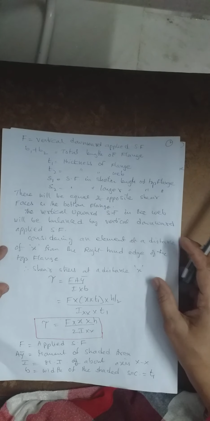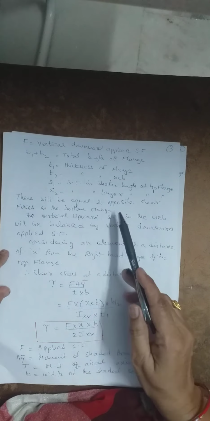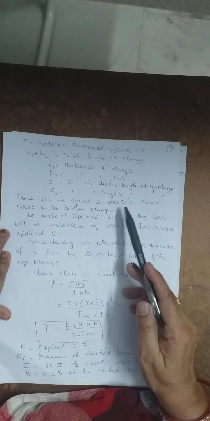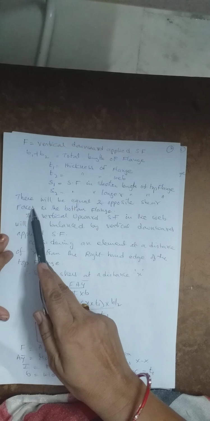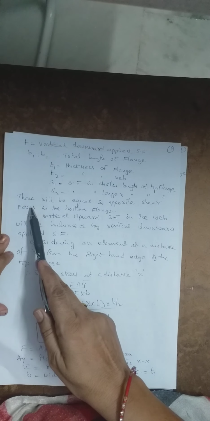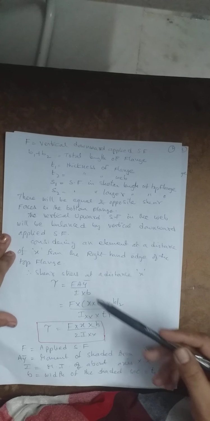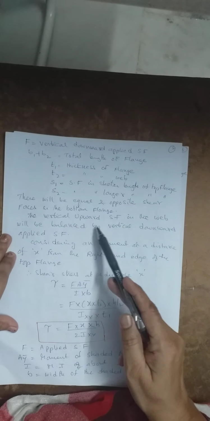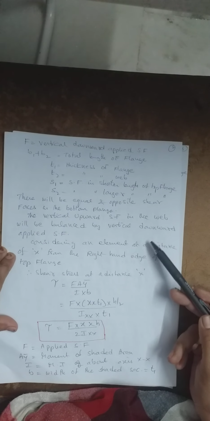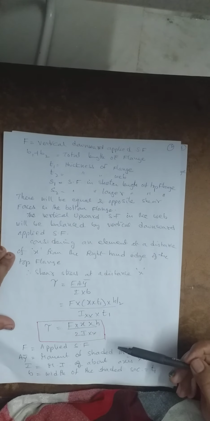Whenever a section is in equilibrium, equal and opposite forces will be acting on it. Here also in the unequal I section there will be equal and opposite shear forces in the bottom flange, and the vertically upward shear force in the web will be balanced by the vertically downward applied shear force.